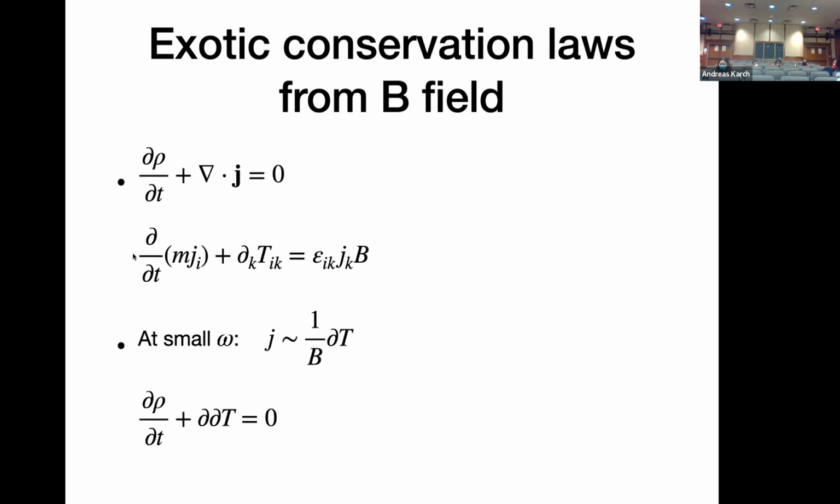The conservation of momentum, actually non-conservation of momentum, says that the change of the momentum density of a given volume goes through the divergence of the stress tensor and the Lorentz force acting in the system. Since we are in a high magnetic field, this term is going to be important.